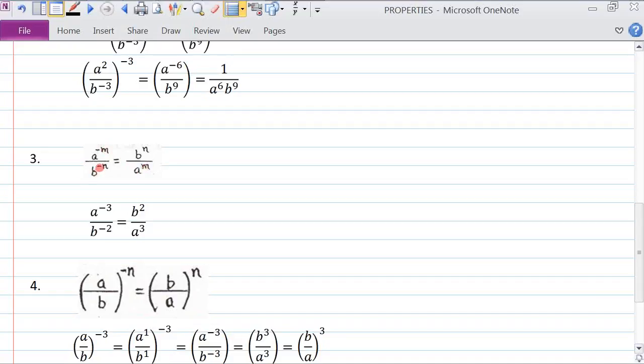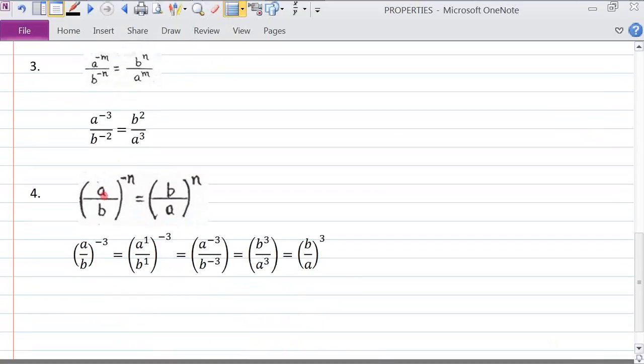You move the b to the minus n to the numerator, it changes to b to the plus n. So this goes down here and this goes up here. So the a to the minus 3 goes down, becomes a to the plus 3, a raised to the power 3. B to the minus 2 in the denominator here becomes b raised to the power 2 here.